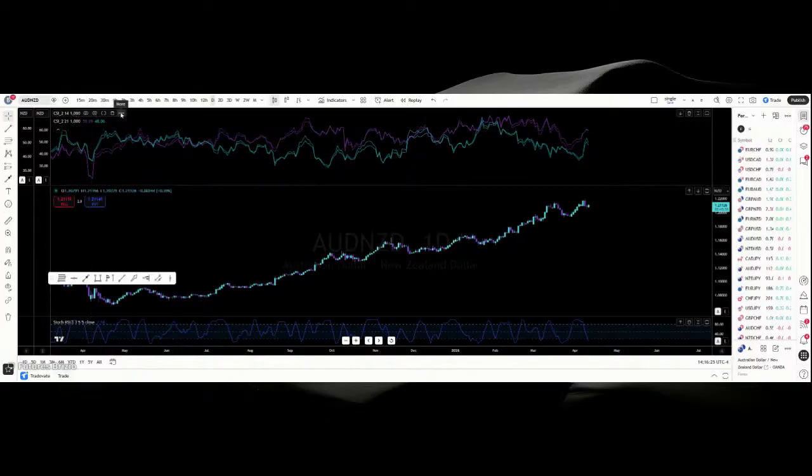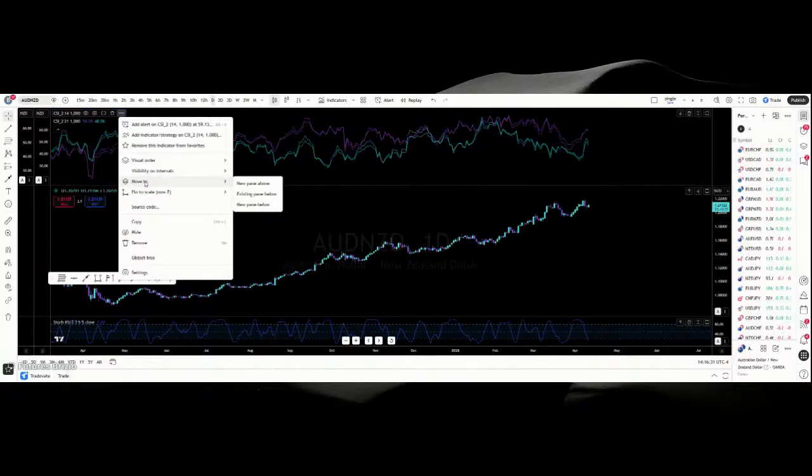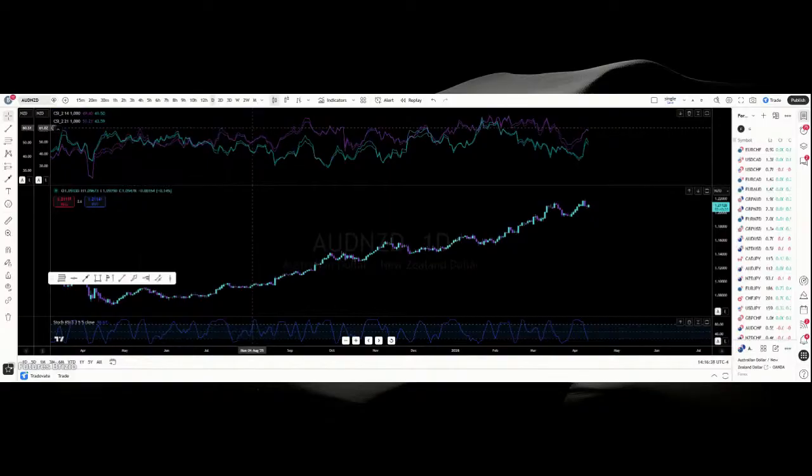you just go into the indicator settings, and you go to this move to, and if they were separated, it would say move to existing pane above, and it kind of combines them, and then this is what you see. So that I get both of them on the same scale, and you can see they're pretty much the same. There's some slight differences.